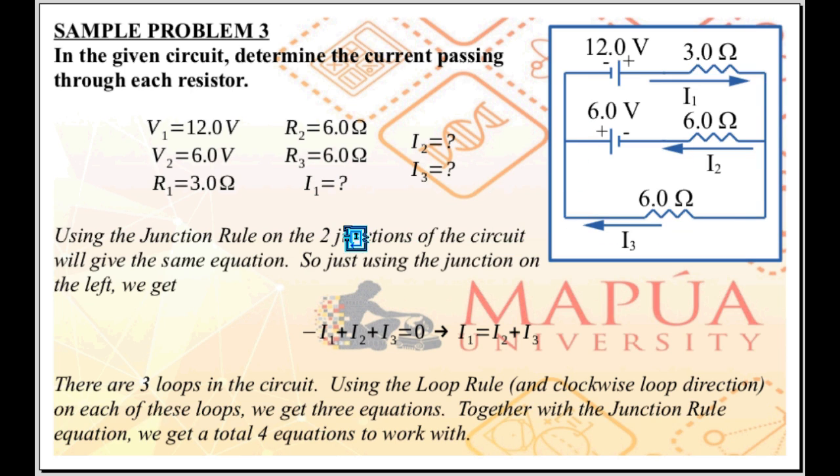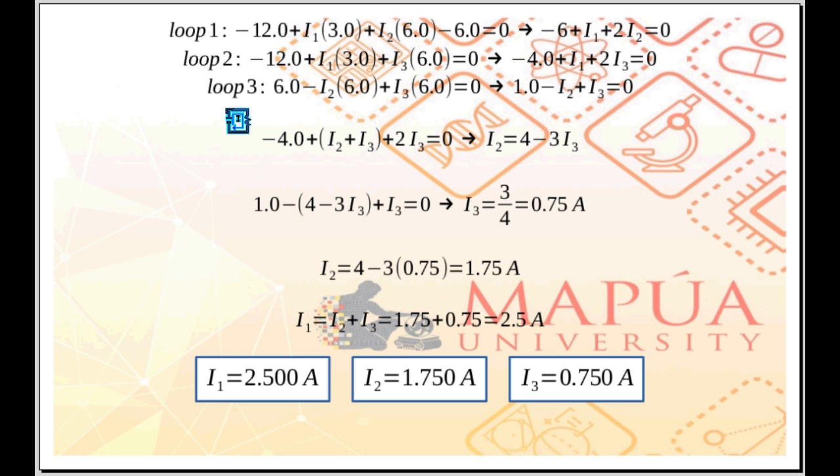doing the same thing for these loops, we get loop 2 equation, negative 12 plus I1 times 3 plus I3 times 6 is equal to 0. And loop 3, 6 minus I2 times 6 plus I3 times 6 is equal to 0.